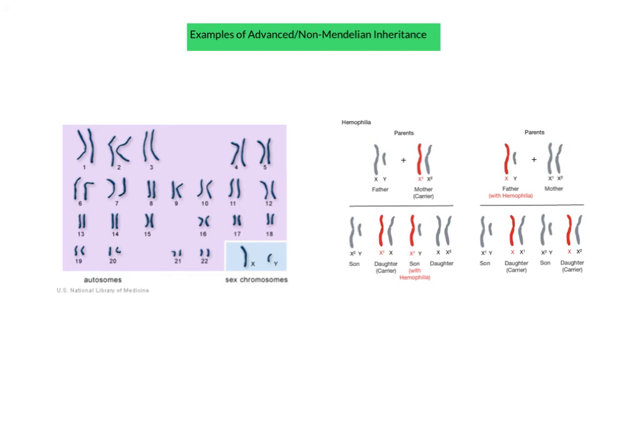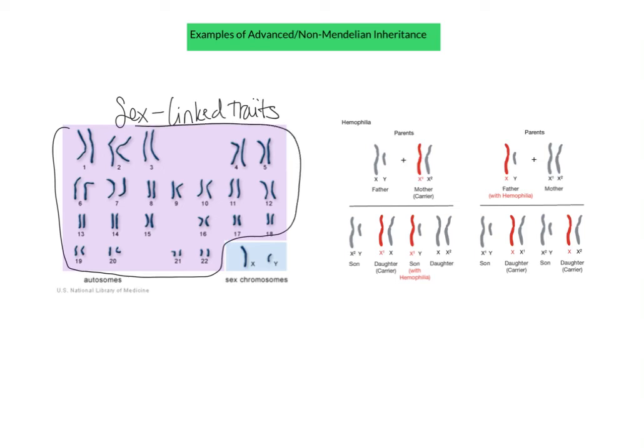The last thing that we're going to talk about in this lesson as an example of non-Mendelian inheritance is something called sex linkage or sex-linked traits. And the idea here is, remember when we introduced chromosomes, right? In humans, we say that the first 22 chromosome pairs are autosomal. They're autosomes. And the last pair are our sex chromosomes.